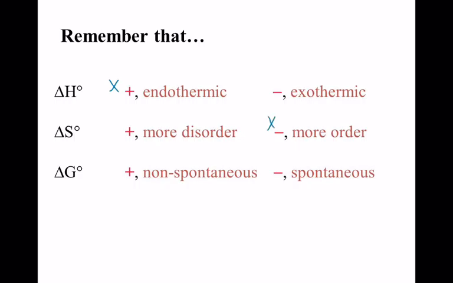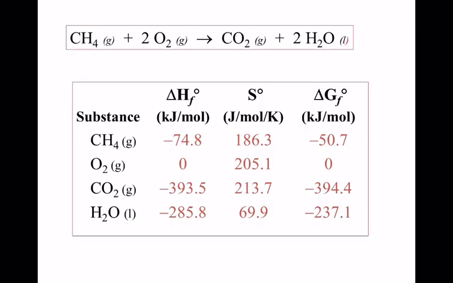Negative entropy disfavors spontaneity. A positive Gibbs free energy disfavors spontaneity. So, okay, let's just say you had this information available to you and you wanted to answer those three questions: the delta H, the delta S, and the delta G for that reaction. We can do the whole summation thing and knock those three problems out, and I think that's what I do next.